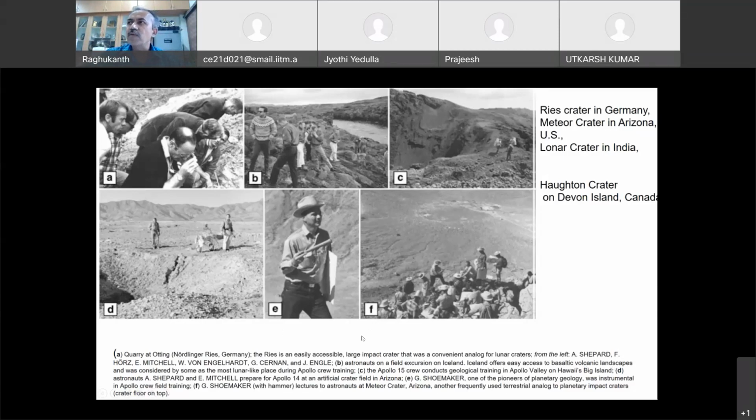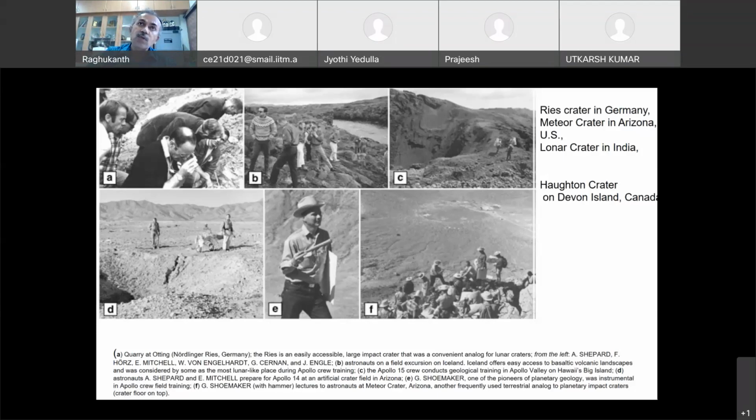Which is the best place where you can see most of the geological features? See, all of them are in Iceland. Have you heard of Iceland? Can you see the Iceland map in Google Earth? What is the speciality about Iceland? Is it located near the poles?